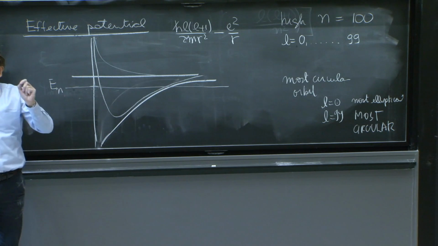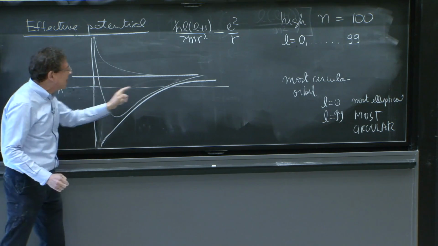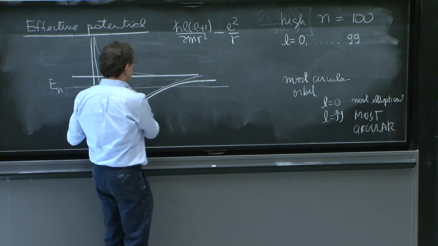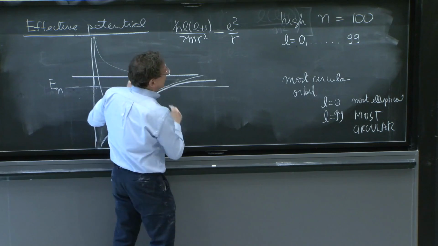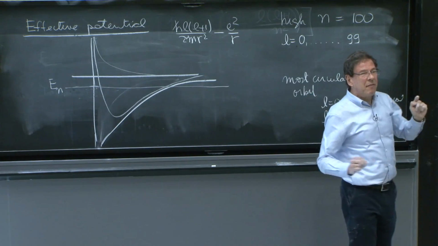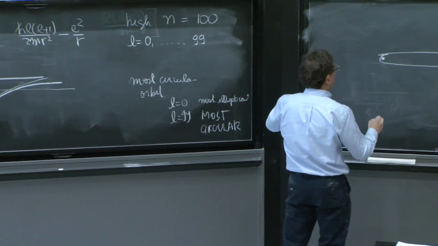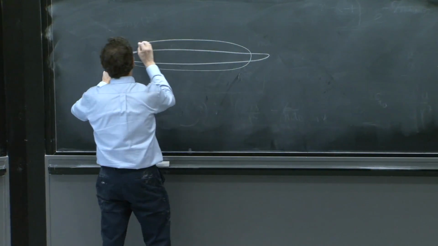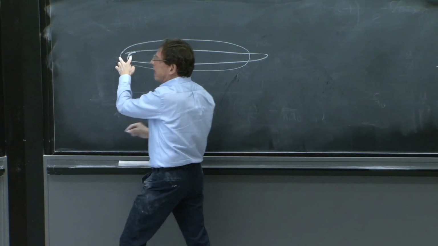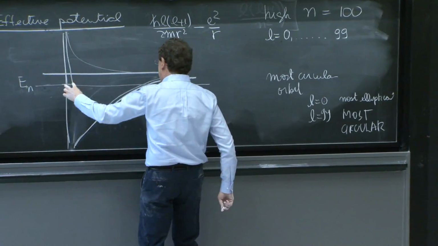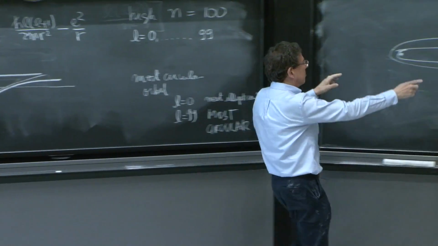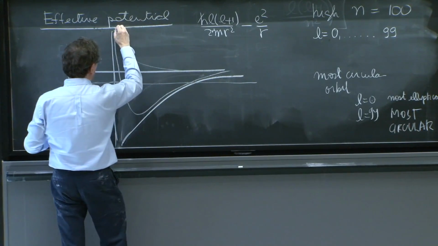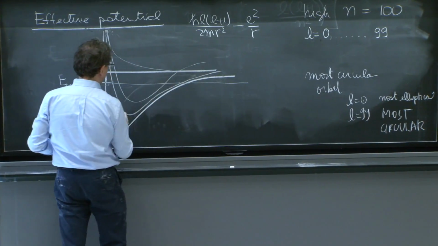So those are all elliptical orbits, because the radius is not constant. Now look at it. If you have some elliptical orbit, the minimum radius for, say, L equal 1 is here, and the maximum radius has been reduced. L equal 2, L equal 3, they all produce different ones.